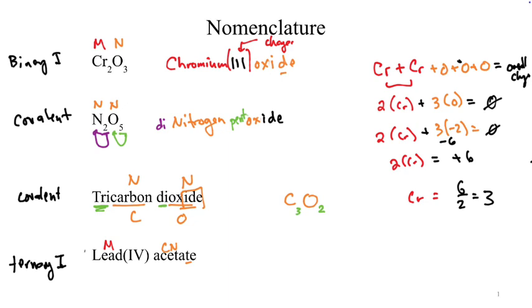So cool, we now have our formula for chromium oxide. That only took a half an hour. Okay? Why is it taking a half an hour? Just because it's a pain doesn't mean it takes forever. I can do lots of things that would be a pain that go real fast.